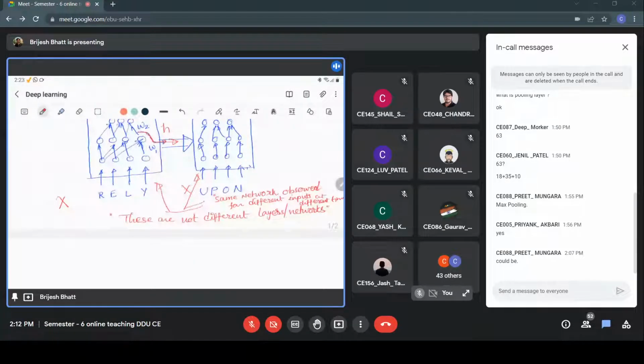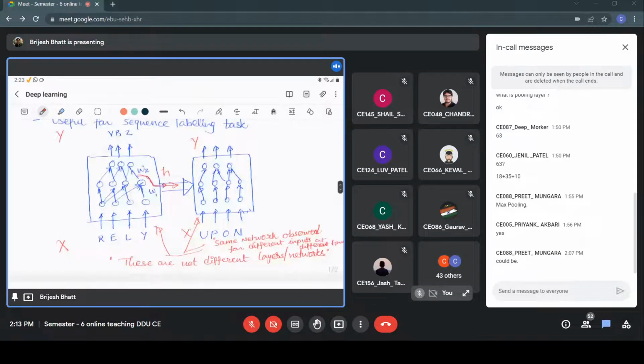Just pay some attention, read this carefully, and tell me, does this make sense to you? I have given a block, one with the word rely, one with the word upon, and I have shown some network. These two are not different networks. First, I have given rely as input and got an output. Then I have given upon as an input to the same network and got an output.